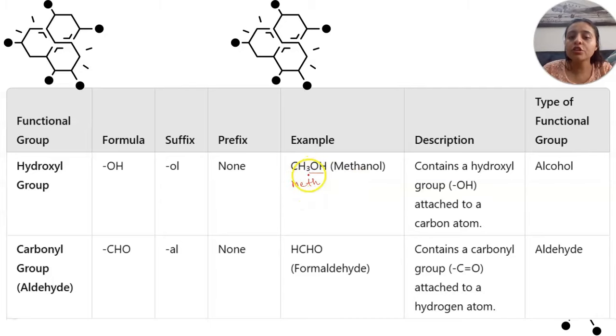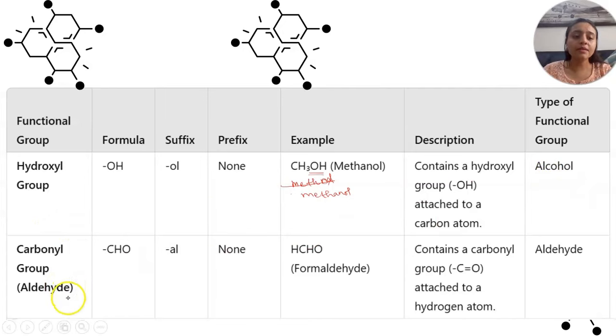And because the functional group is OH, the hydroxyl group is there, we will add the suffix ol. So it will become methanol. So it contains a hydroxyl group attached to carbon atoms, and this functional group's common name is alcohol. IUPAC is hydroxyl group and the functional name is alcohol.